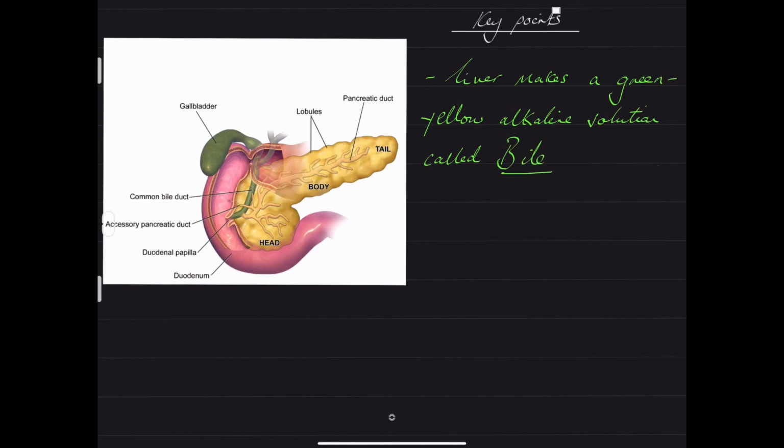Okay, so there are a few points here. One, bile is alkaline, it's made in the liver, and the color of it is greenish yellow.